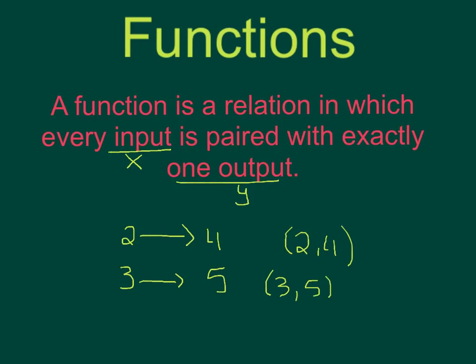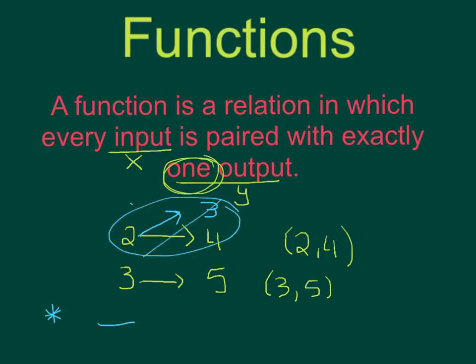It can only pair up with one output. So in other words, another way of saying the same definition is that no input is ever paired with two or more outputs. So 2 cannot pair up with 2 or more outputs. So this right here would not be possible.